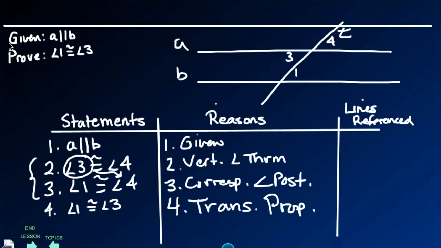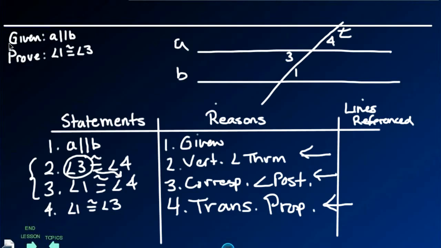The only thing I haven't done is this last column here, which says lines reference. And what I'm talking about there is this transitive property that we used in step 4. Well, the only way I could use that is if I had two statements somewhere in my proof that had the angle 4 in it. So in order to use the transitive property, I have to look to line 2 and to line 3 and use those two lines in order to apply the transitive property.